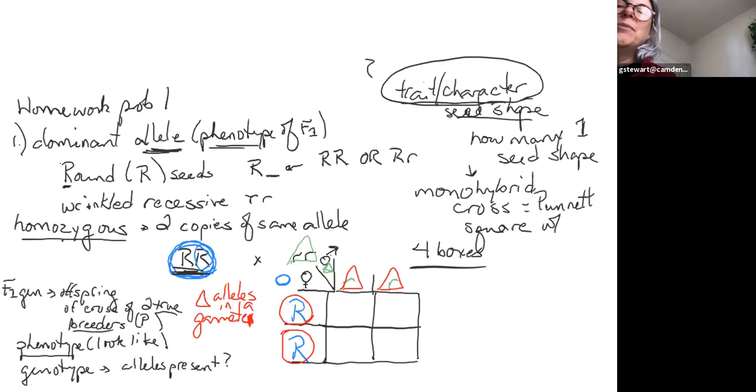The point of the Punnett square is to figure out all the possible combinations of gametes. If we only have one trait and we're only doing a monohybrid cross, there isn't a lot of variety, but we start simple and we build to more complicated. So just be patient.